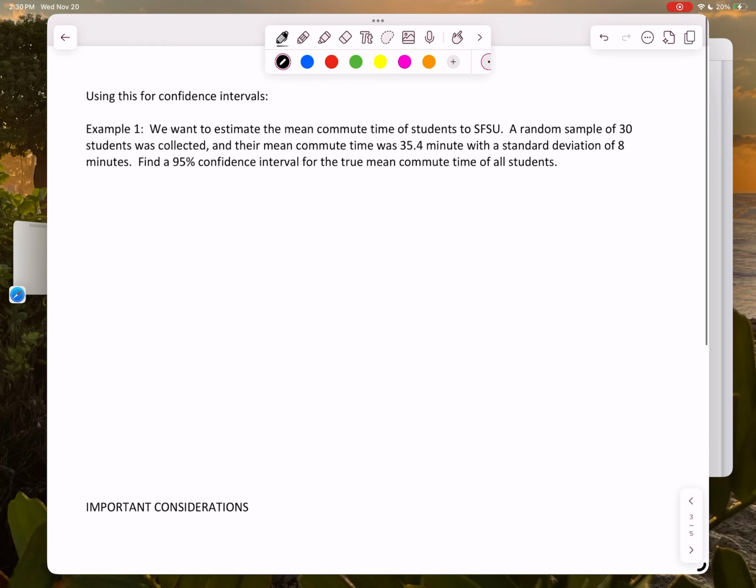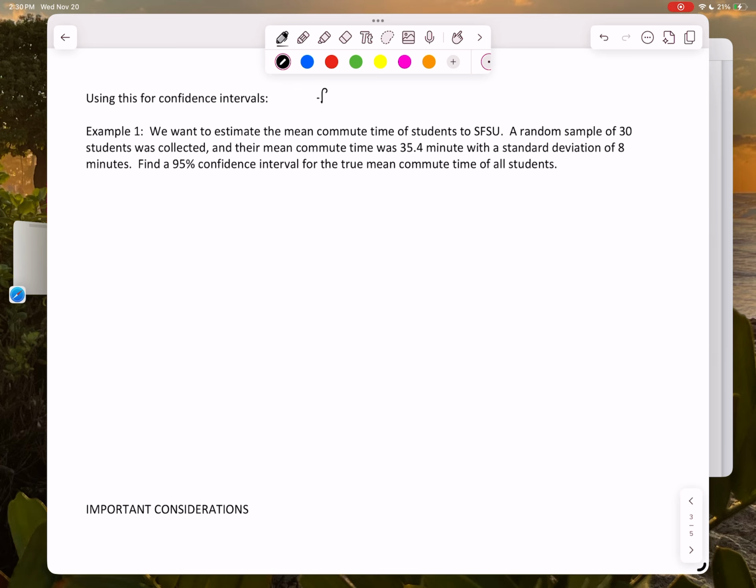So here's an example, using this for confidence intervals. Remember, for Z's, when we were using a normal, if we knew sigma, the population standard deviation, our confidence interval would be x bar plus or minus that critical Z value, sigma over square root of n.